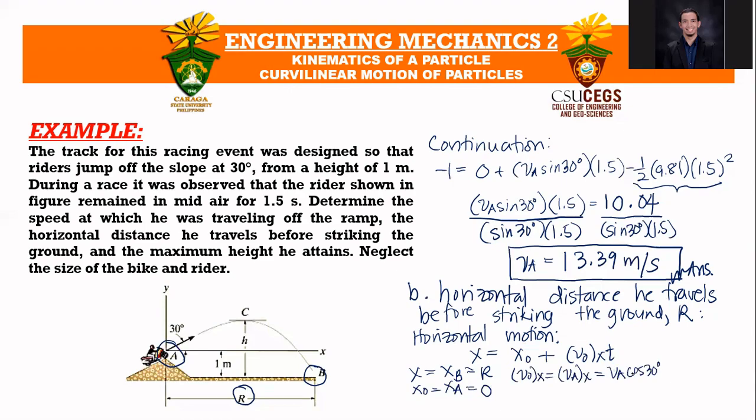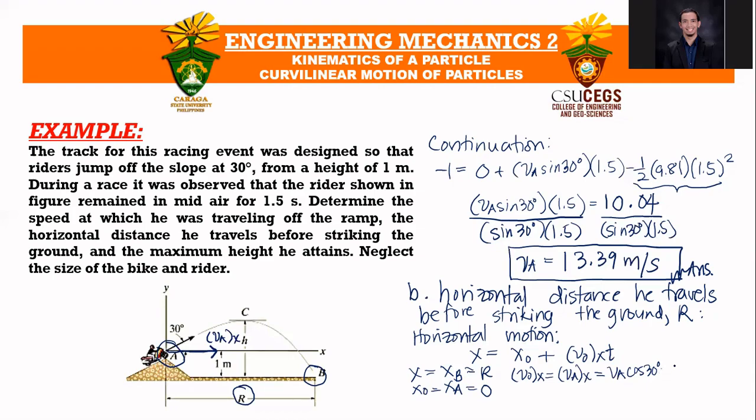Cosine 30 degrees, because the 30 degrees angle at point A is adjacent to your x-axis, and the x component of your VA is acting on the positive x-axis, which is this one. So this is your x component of velocity at point A, or VAX.